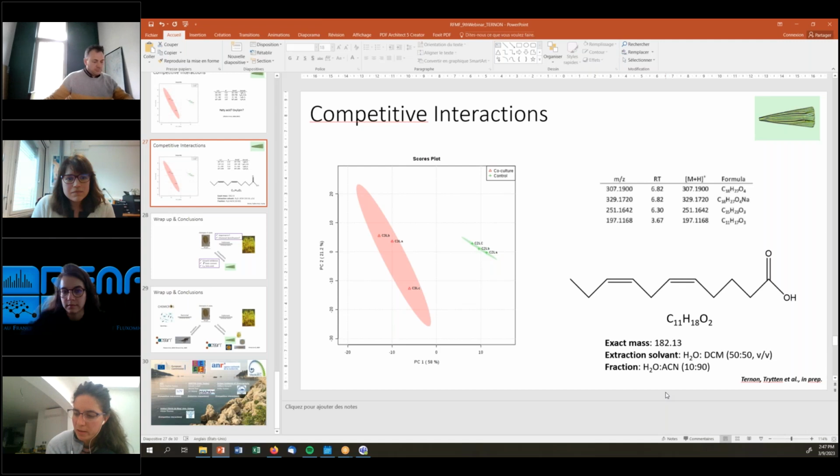For the experiment performed, we didn't really see any difference in bacteria communities across experiments. They were quite stable, and there was no difference between treatment and the control. But we didn't do any genetic analysis on this experiment.